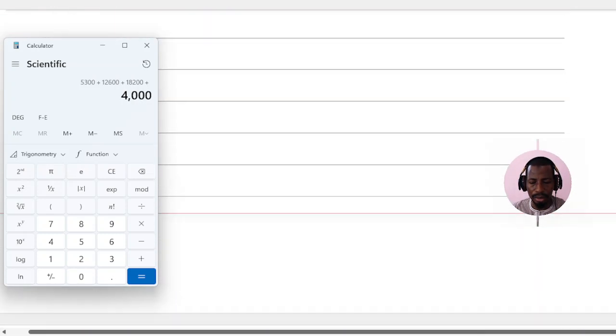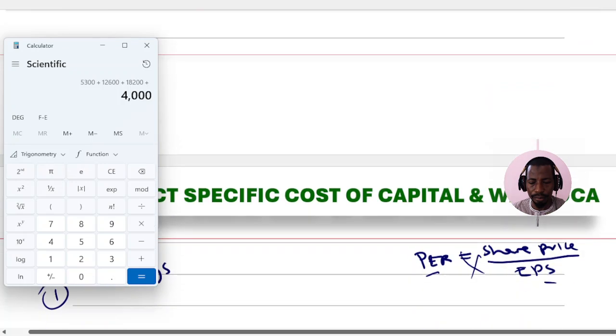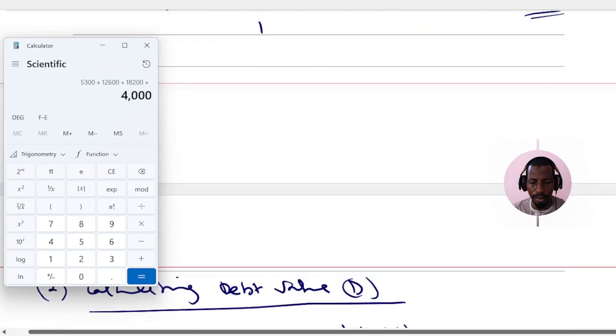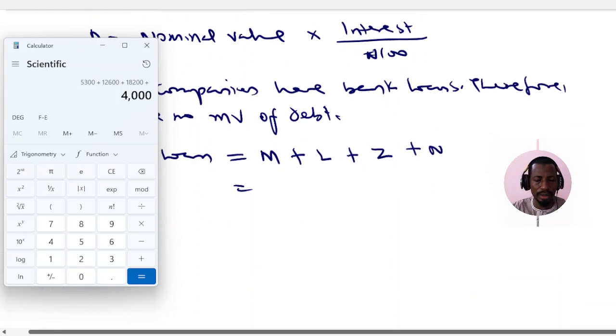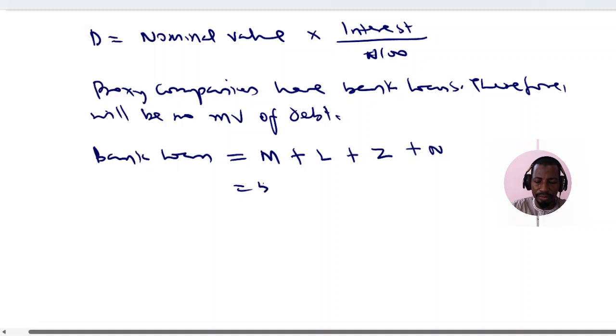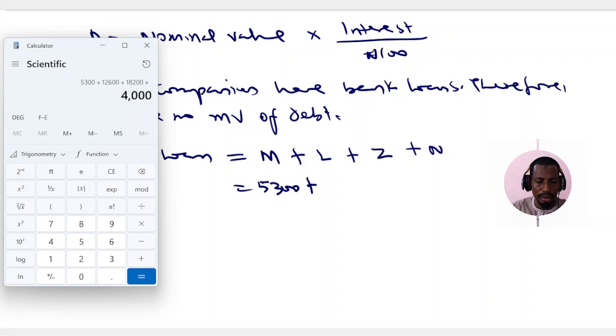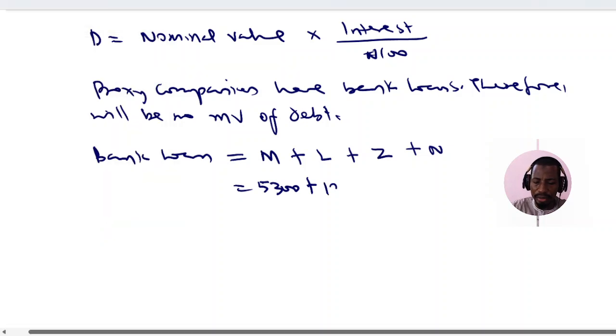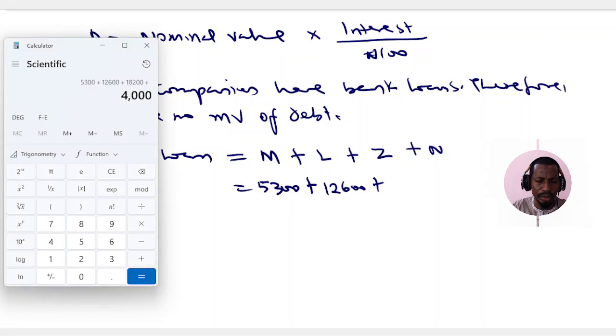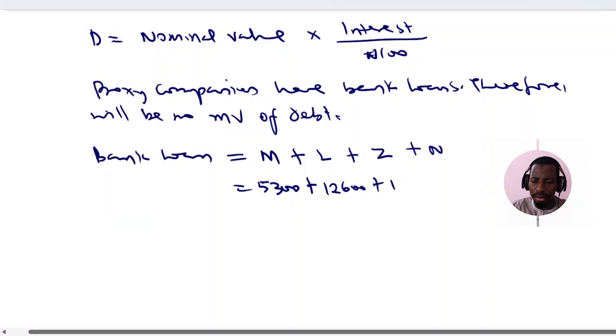All right, bank loan is 5,300 plus 12,600 plus 18,200 plus 4,000.